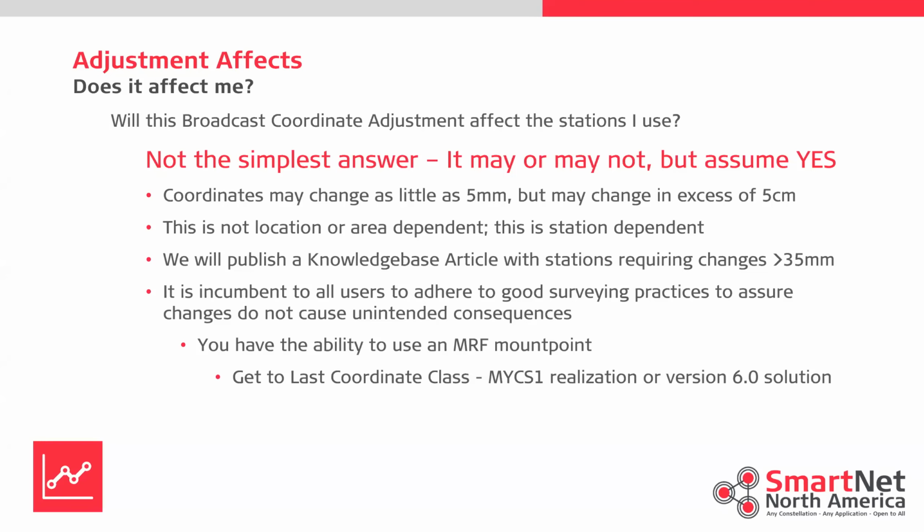So on December 6th, those mount points became available through the first to middle of May. So in that intervening period, if you need NYCS1 or version 6 solutions, you have those available to you. You can go to those mount points and use those solutions, those realizations, up until the spring.